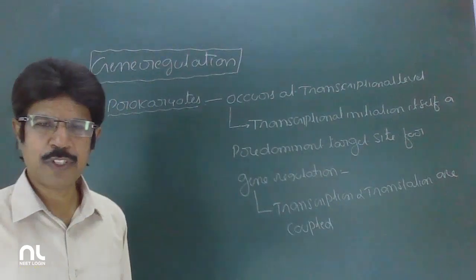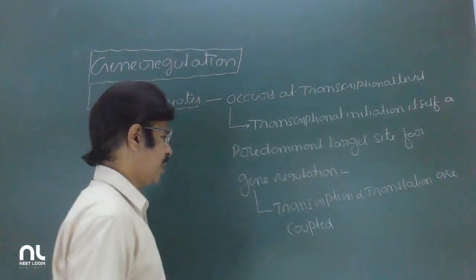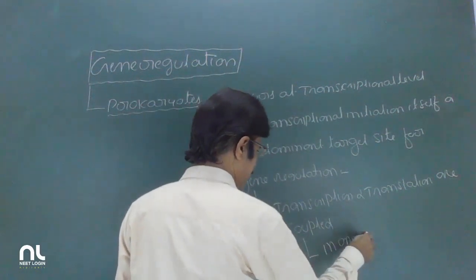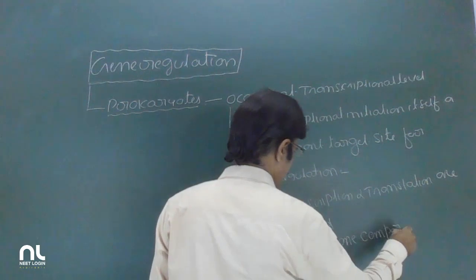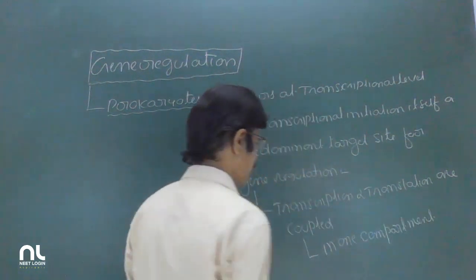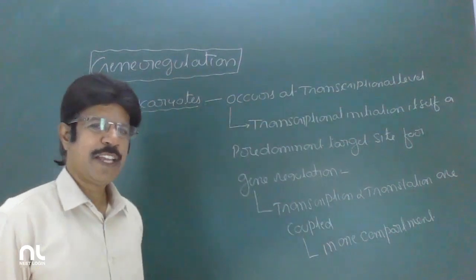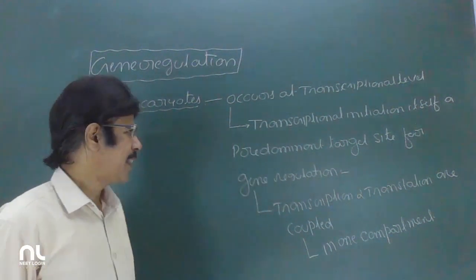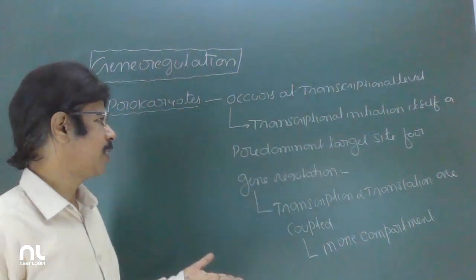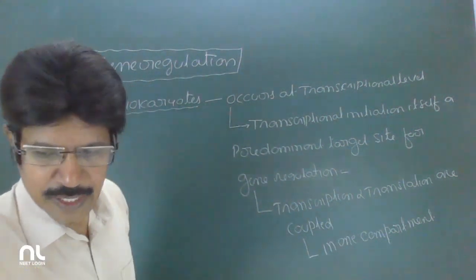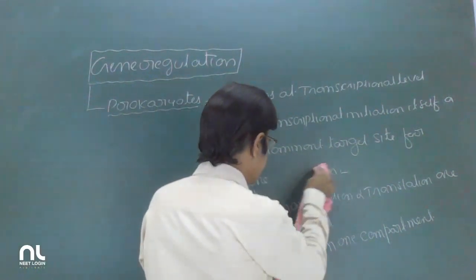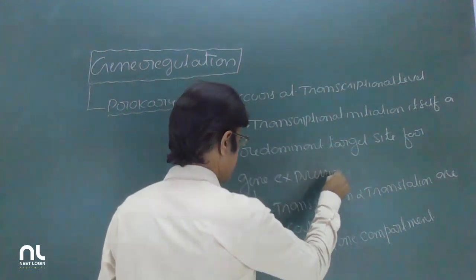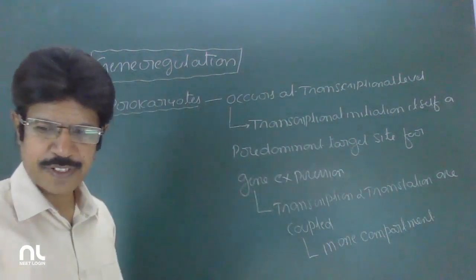There is no demarcation of nucleoplasm and cytoplasm, because in one compartment, no demarcation. Further, mRNA does not need any processing in prokaryotes. That's why transcription initiation itself is a predominant target site for control of gene expression.